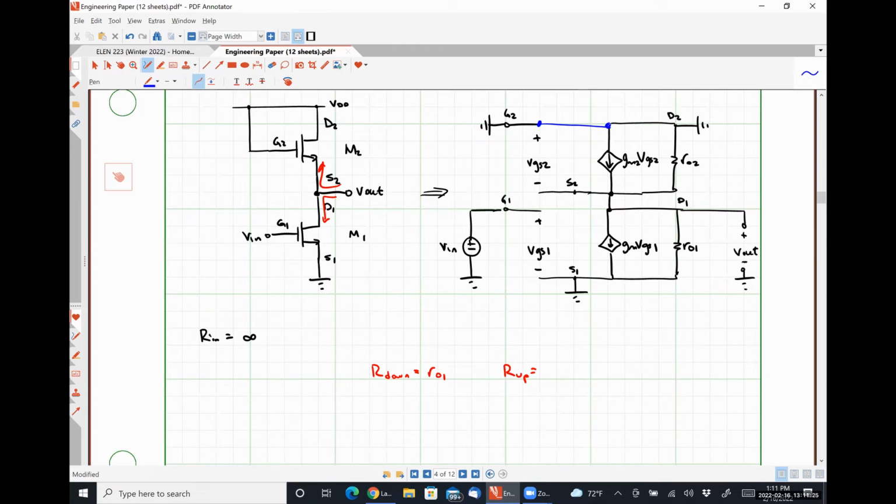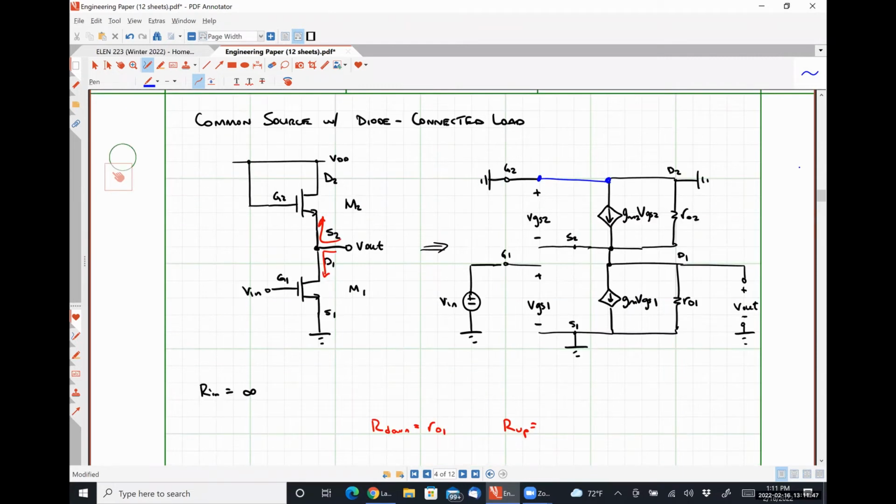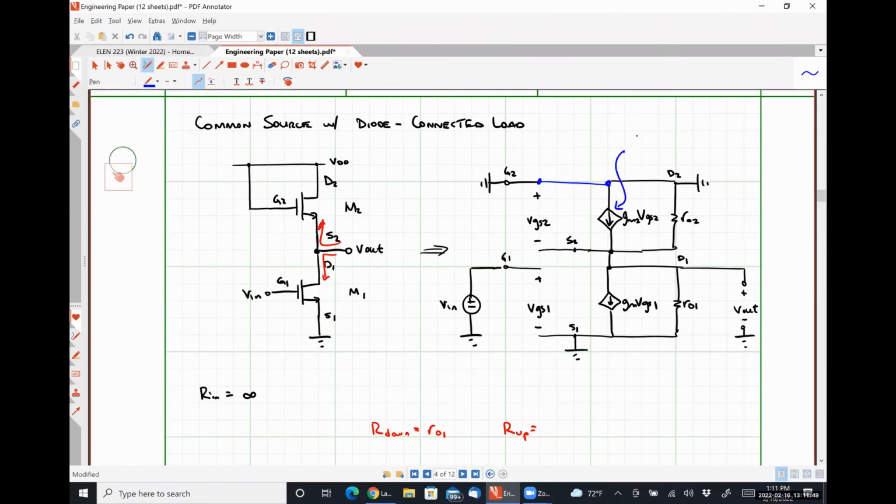What's the value of that resistor? 1 over gm2, because gm2 represents the transconductance, a change in current over change in voltage, whereas a resistance is a change in voltage over the change in current. So this guy right here looks like a resistance 1 over gm2, and it is in parallel with ro2.